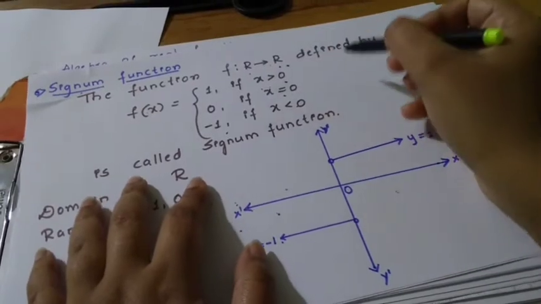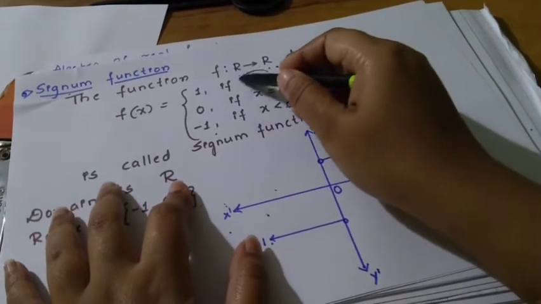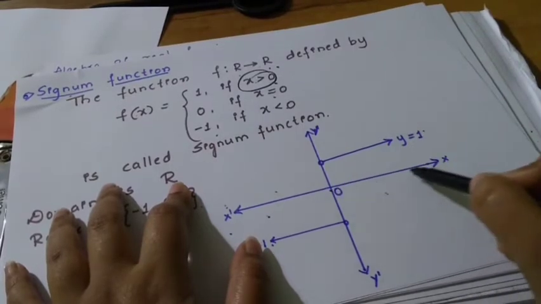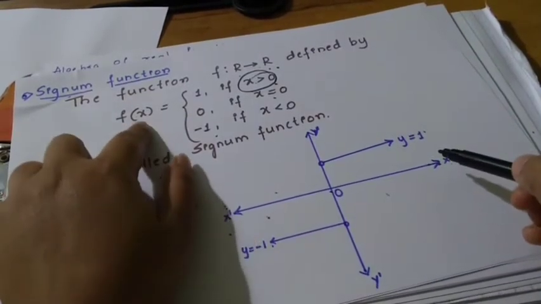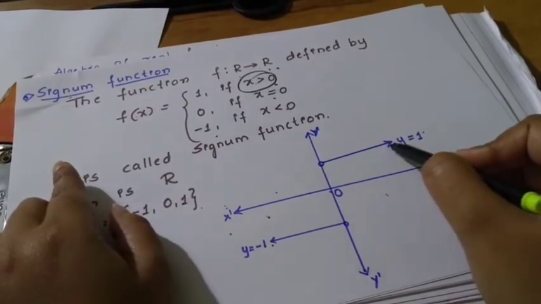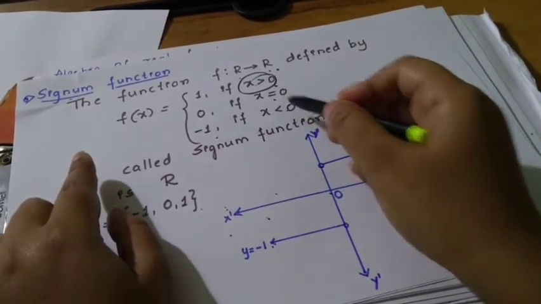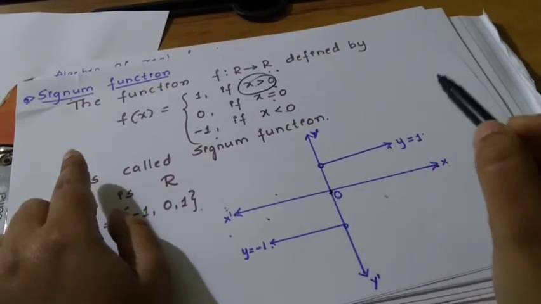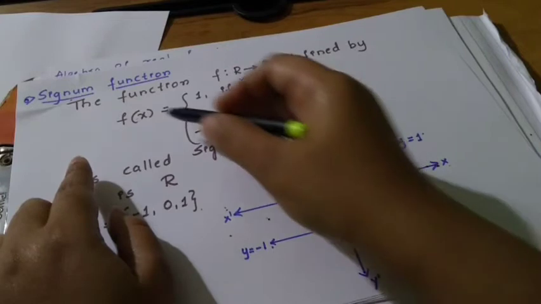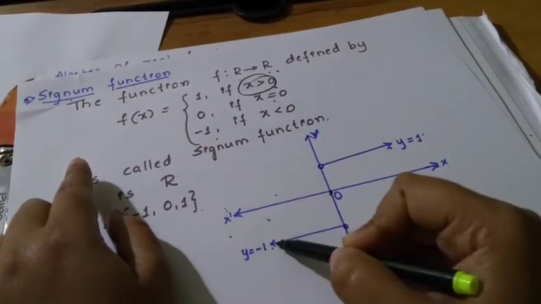Just like a constant function, for all x values greater than 0, that is when x values are all positive, f of x is constant 1. Next, when x equal to 0, it is 0. When x value is negative, that is less than 0, f of x will be minus 1.